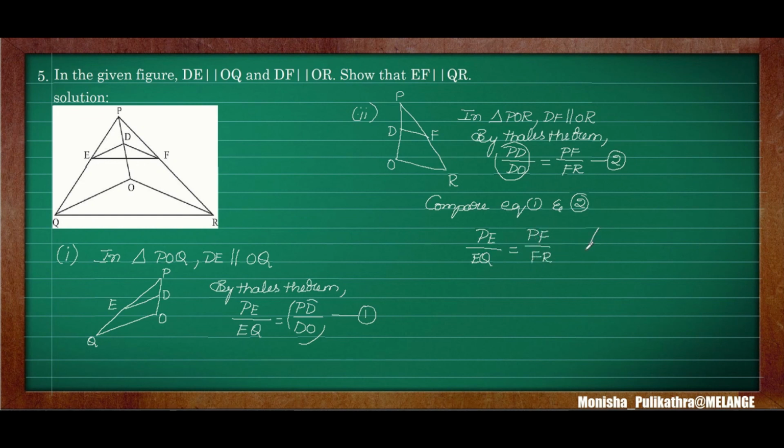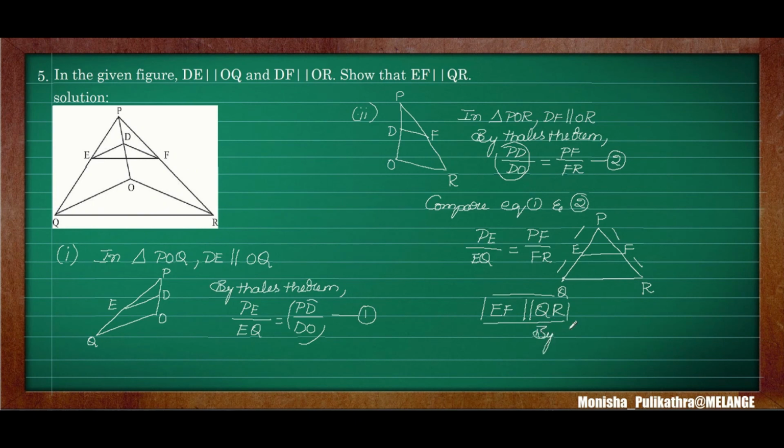So let us write the main triangle here. That is PQR, whereas this EF line is drawn at the midpoints. So here PE by EQ is equal to PF by FR. If this is the case, then it proves the converse of Thales theorem. So EF is parallel to QR.